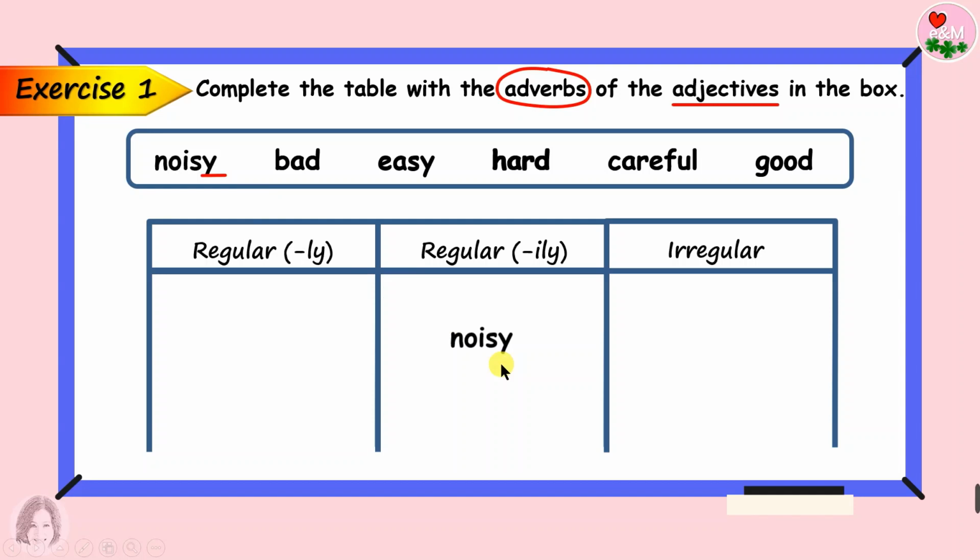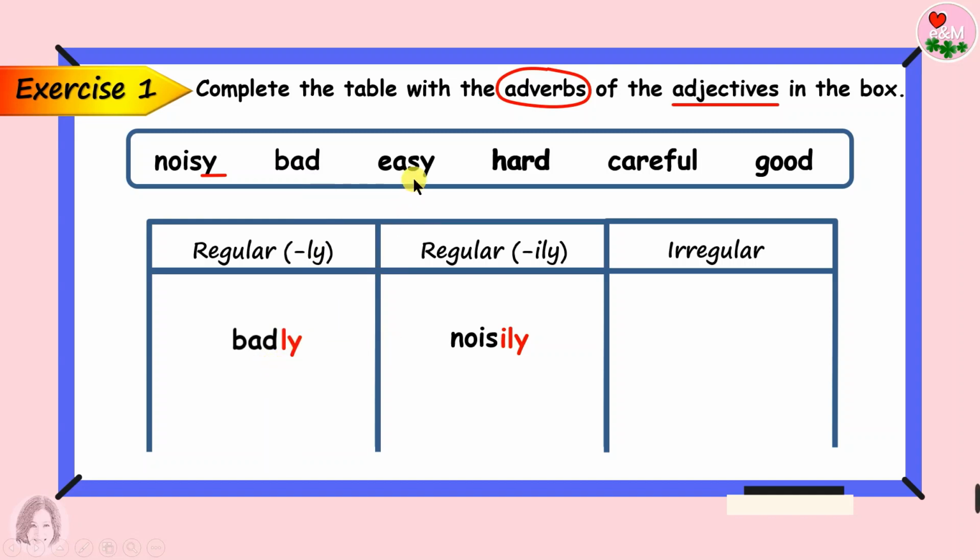So, change y into i, and then add ly. So the adverb will be noisily. Okay, the second adjective is bad. The adverb can be formed by simply adding ly. So the adverb is badly.